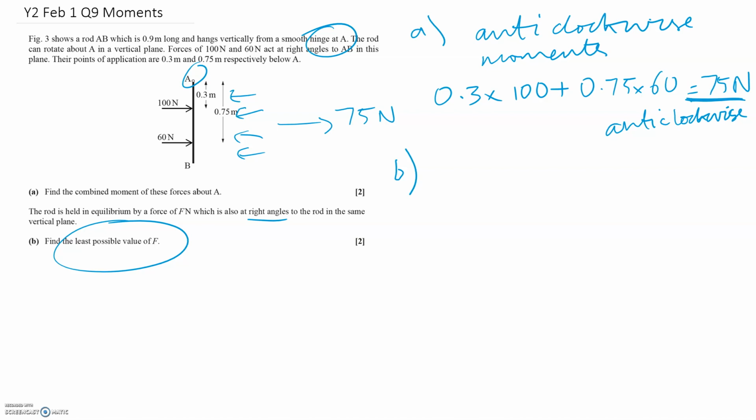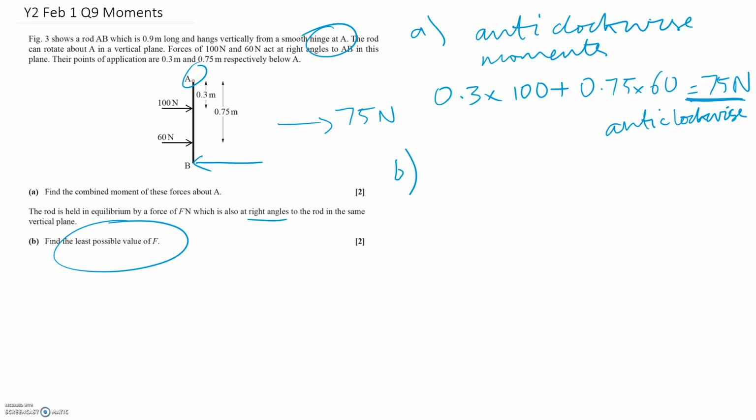Now, as you know from opening doors or closing doors, the least force you need is when you're furthest away from the hinge. So if you try closing a door by the hinge here, you'll find it a lot harder to do than if you close the door further away, which is probably why the handles of doors aren't right by the hinge.